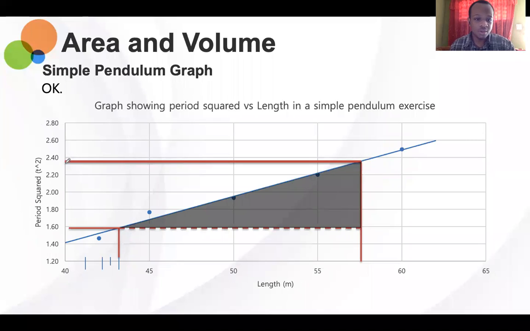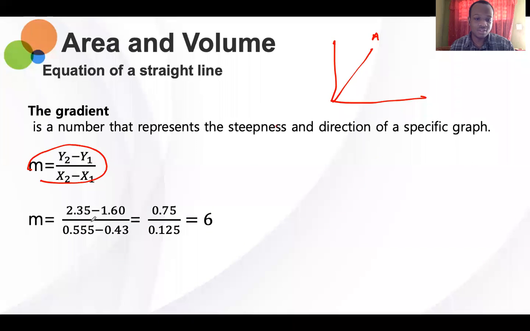So 2.35, in the middle of 2.3 and 2.4, would be around here, and we have our 1.60. This matches up. So we say y2, y1, and we get our values, and then we have 0.55. I think this should be 0.57, but this should be 0.575.